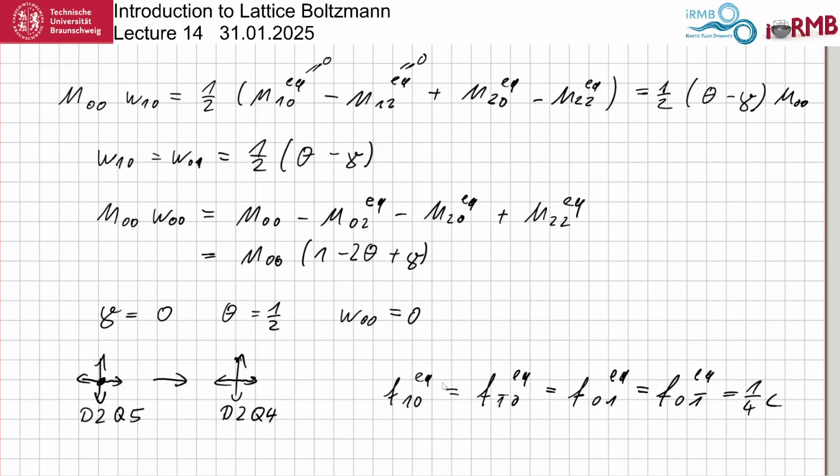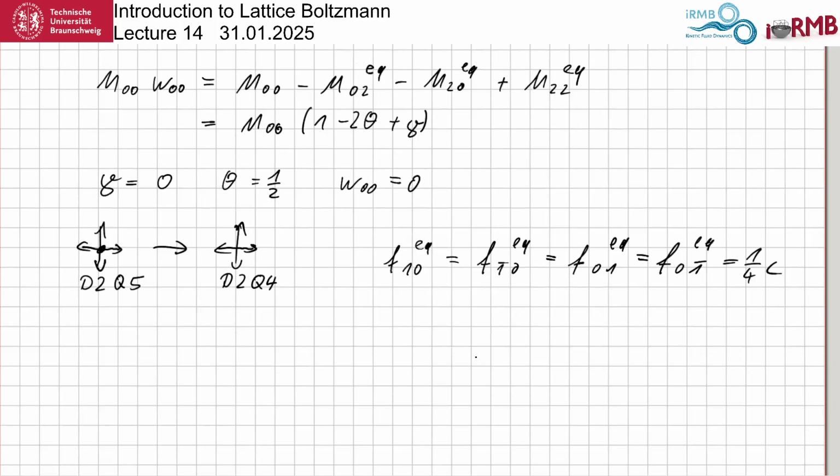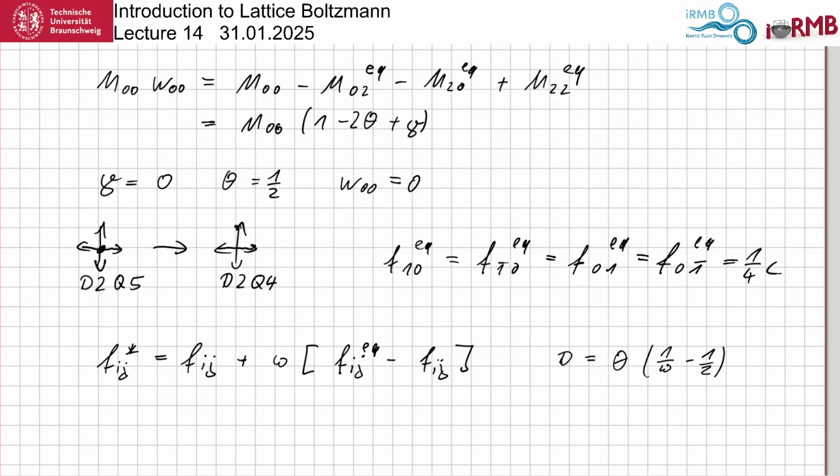So plugging in this equilibrium, we can say that we have an Fij after collision as being Fij plus omega times (Fij equilibrium, which is 1/4 C, minus Fij before the collision), and we only have to specify that D is equal to theta, where theta is, as we identified, 1/2, yeah, 1 over omega minus 1/2.